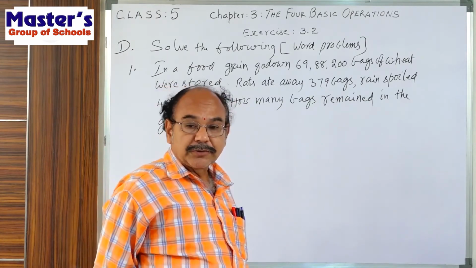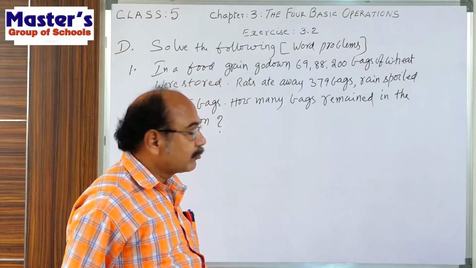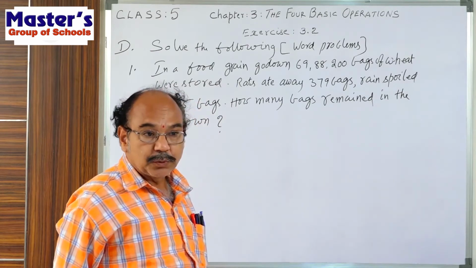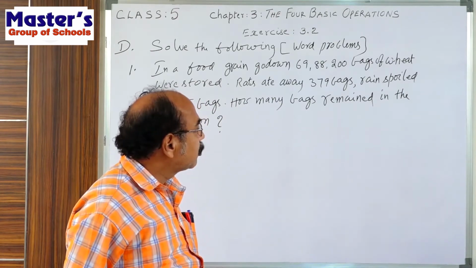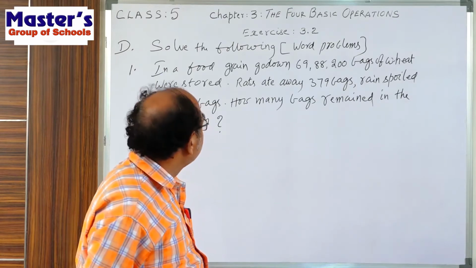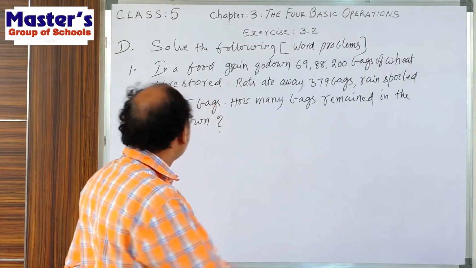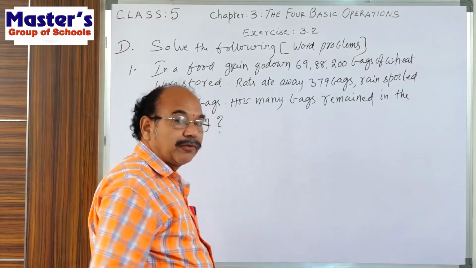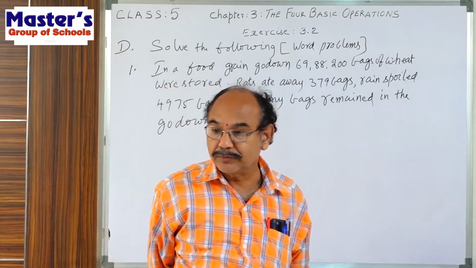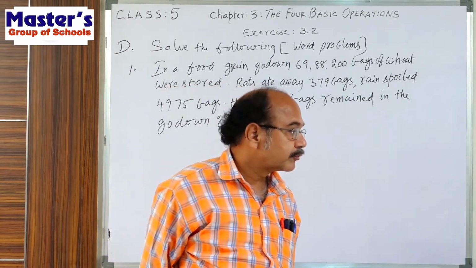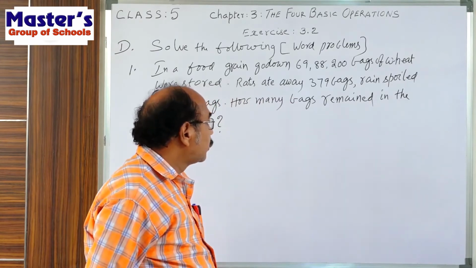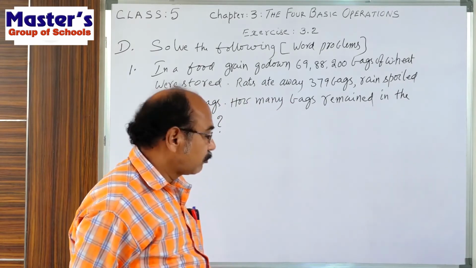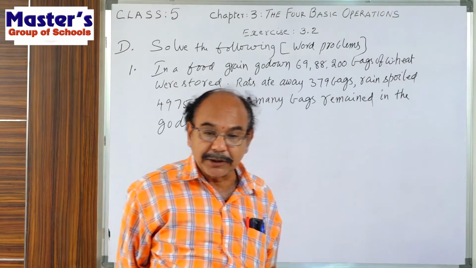Due to rains, some bags were spoiled. How many bags were spoiled? See, 4,975 bags were spoiled. So, how many bags remained in the godown?